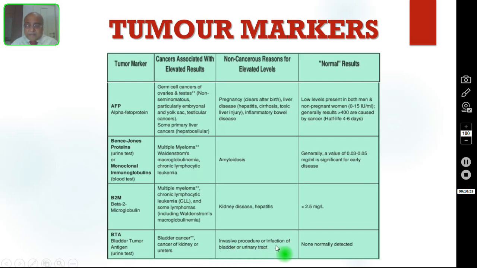Invasive procedures or infection of the bladder or urinary tract. In all these non-cancerous conditions it will also be elevated, so this tumor marker is not specific only for these cancers. Normally this is not detected. Even if you see a trace in the urine, that means it is abnormal.